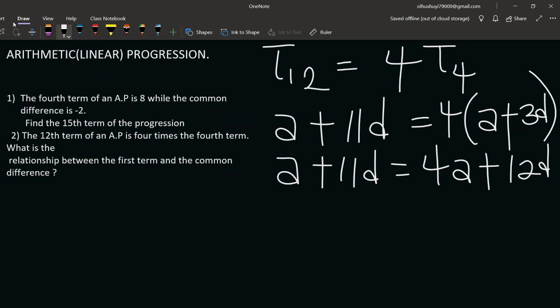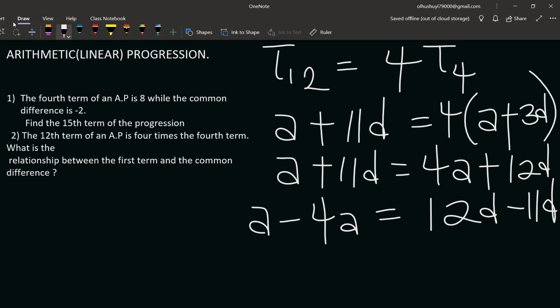Collecting like terms, you are going to have A minus 4A equal to 12D minus 11D.